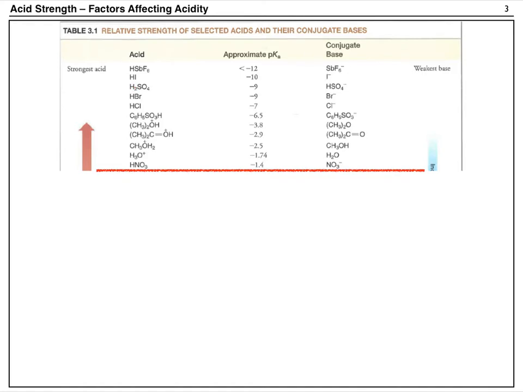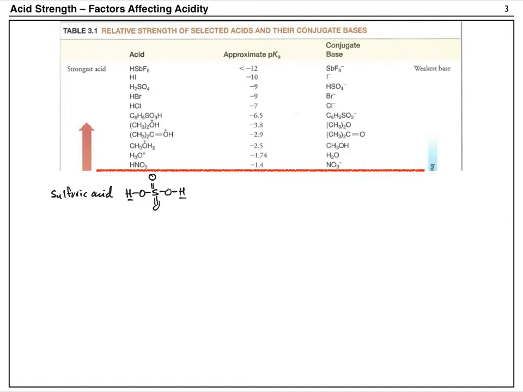So let's go ahead and draw out sulfuric acid. We can see we have H2SO4, so it actually has two acidic protons. They occur at different pKa, so the first pKa is -9 as listed in the table.